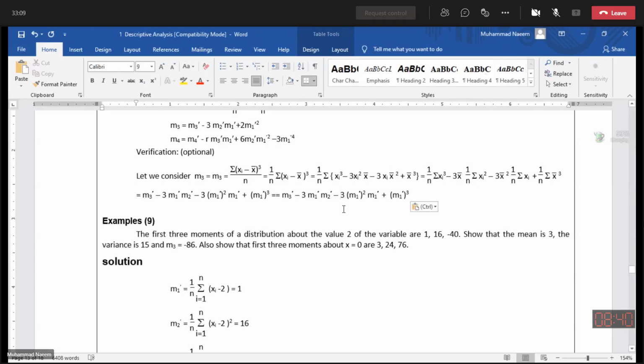So finally, simplifying the last two terms, we have 2 M1 prime cube.